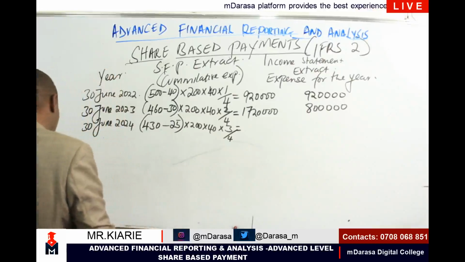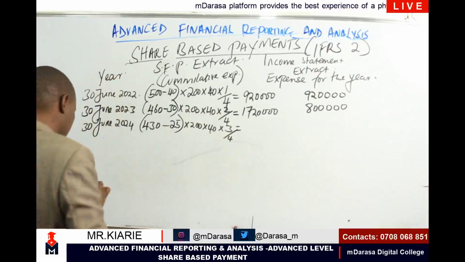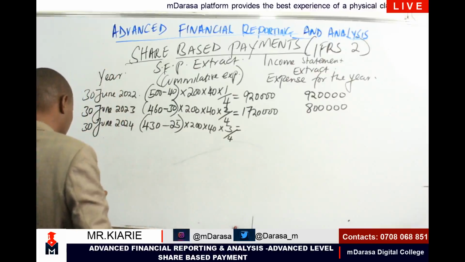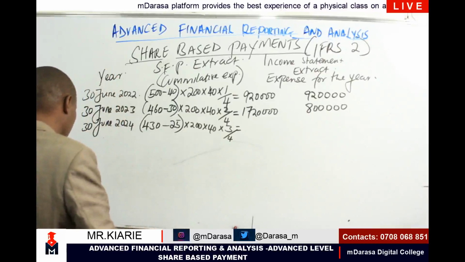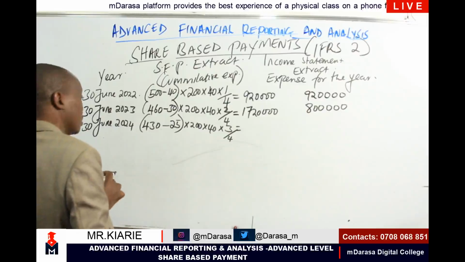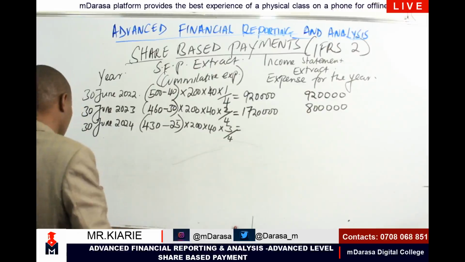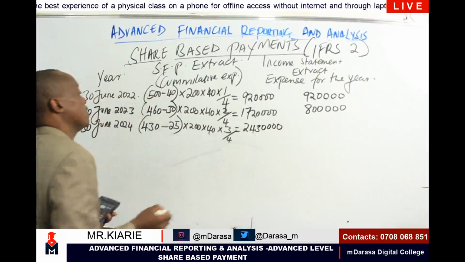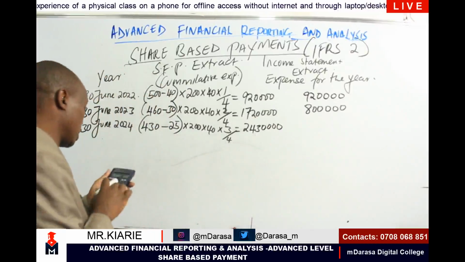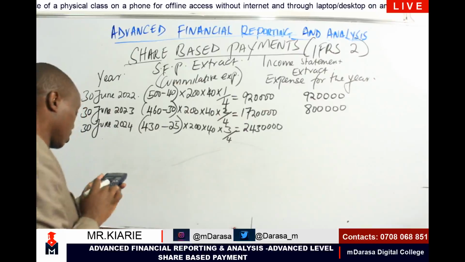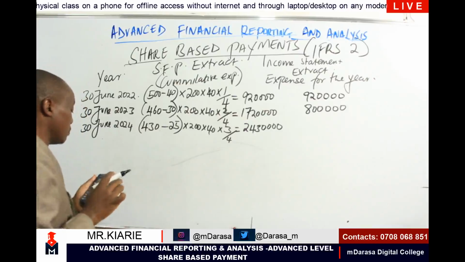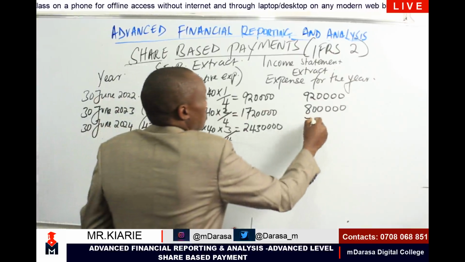So this is 430 minus 25 times 200 times 40 times 3 divided by 4. This gives me 2,430,000. So once I subtract 1,720,000, it gives me 710,000.